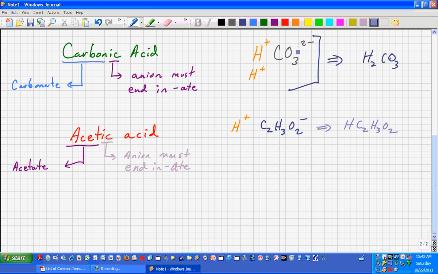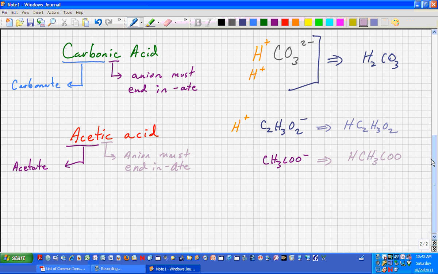The other way to write this is that the anion can also be written as CH3COO negative. So that would give us HCH3COO. Both of those are acceptable for acetic acid.